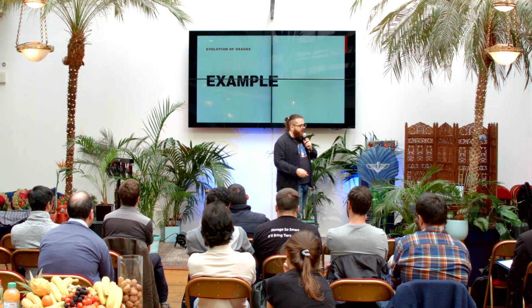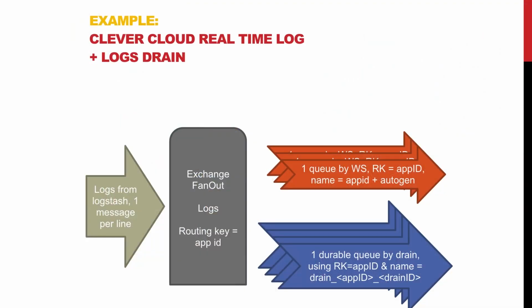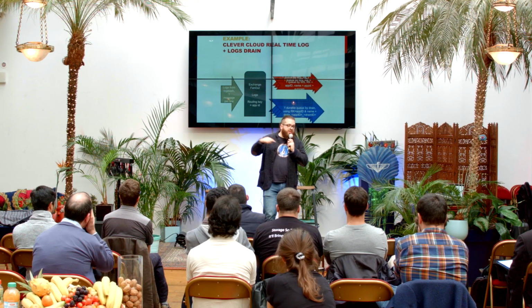And we use it for a lot of cool features. For example, the log drain inside Clever Cloud. A log drain is the ability to just say, okay, send me all the logs to this UDP or HTTP gateway.